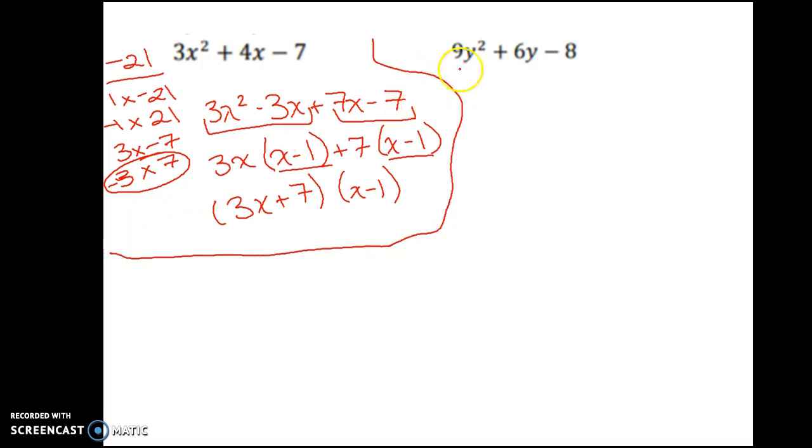Then if we look at our second one, so this one we've got 9 times minus 8, so that's going to give us minus 72. Okay, and that minus 72 we need to add to positive 6. So when I look, I'm going to write out all my factors.